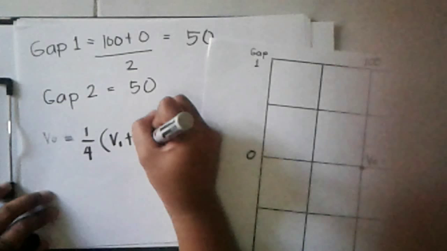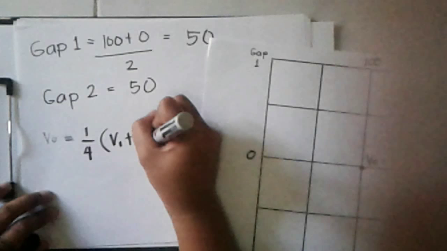In order to find the value of VA, which is at this point, let us consider this point VA. We will use the formula that we had for computing V0. So VA would be equal to the surrounding potentials, which are 0, the computed value of V0, which is 25, then the potential at the top, which is 100, and of course, the value of gap 1, which is 50.